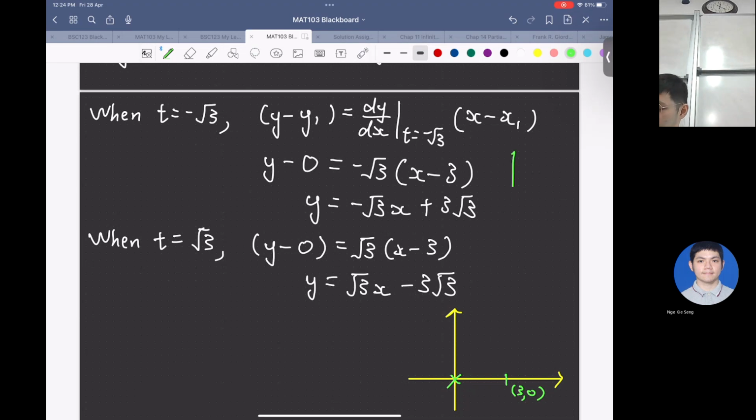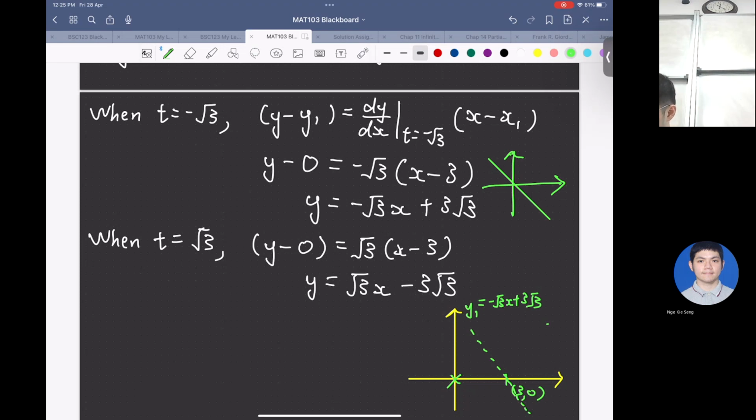The direction is what? It is a straight line cutting across the second and fourth quadrant, right? So maybe we can put this down. y equals square root 3x minus 3 times square root 3.